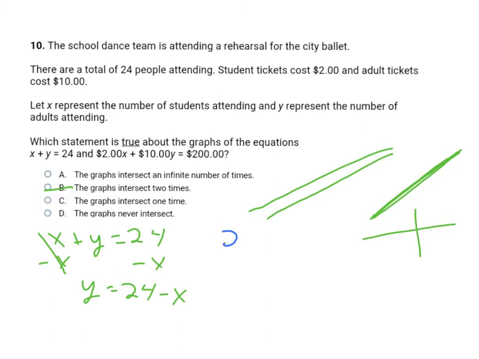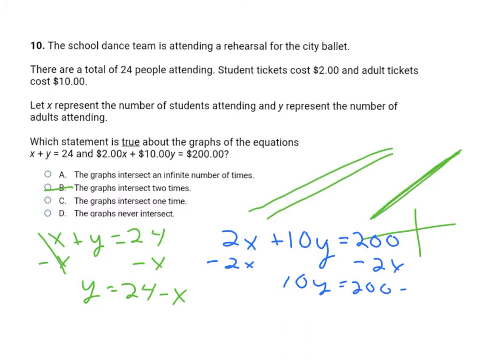And then I have to go ahead and solve my second equation also. I'm just going to leave off the decimal places, since it's all 0.0 anyways, and the dollar signs, just to make it a bit more simple. And so first thing I'm going to do is subtract 2x from both sides. And that gives me 10y equals 200 minus 2x.